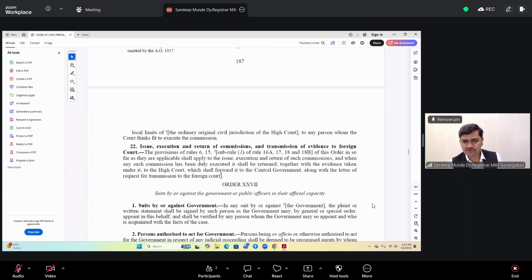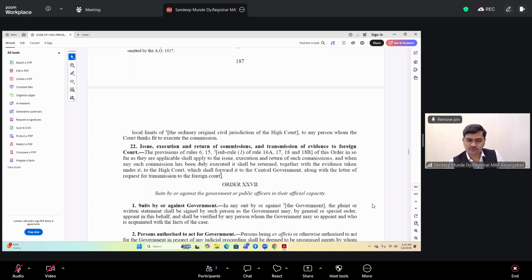Now, moving further, what is the concept of suits in particular cases? If we peruse the titles from Order 27 to 32, all the titles of these orders are such that they cover suits by or against.